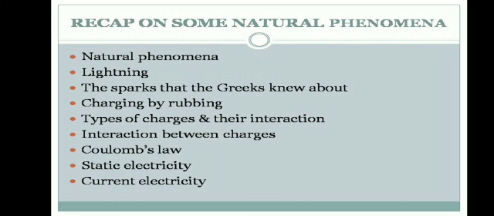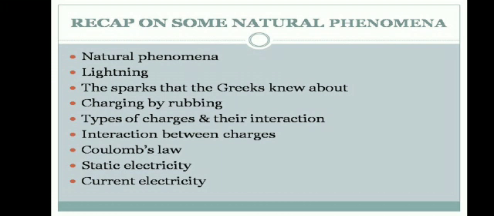Similarly, woolen cloths or polyester cloths also attract hair and can produce a little spark or crackling sound when they are taken off from our body. This is because of electric charge. Benjamin Franklin in 1752 discovered and proved that lightning and the spark produced from the cloths are the same thing.